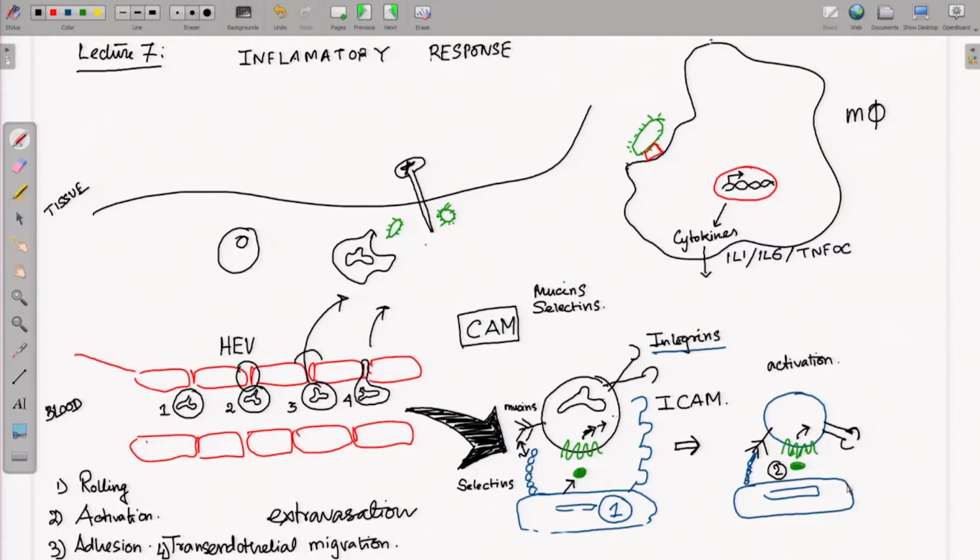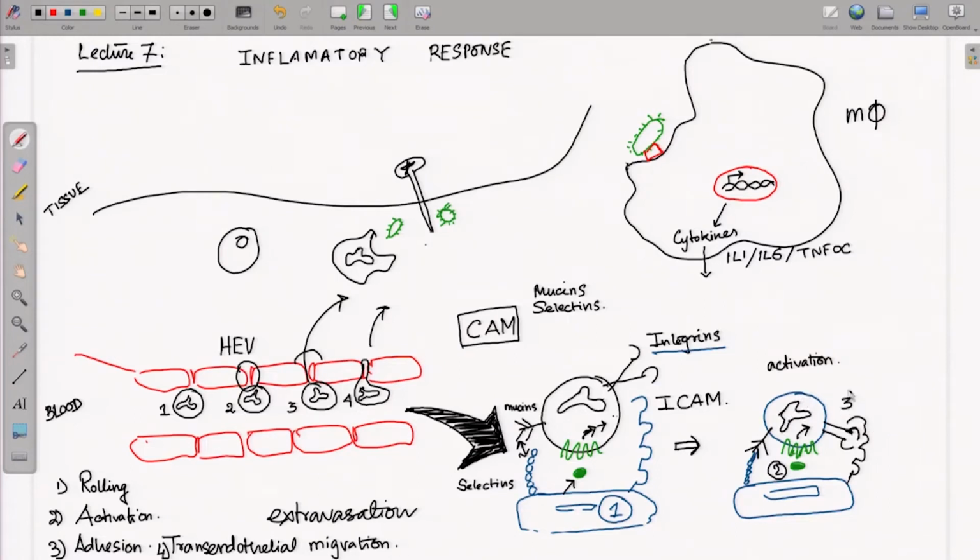So, this allows the third step to occur, where this ICAM to integrin interaction is completed.